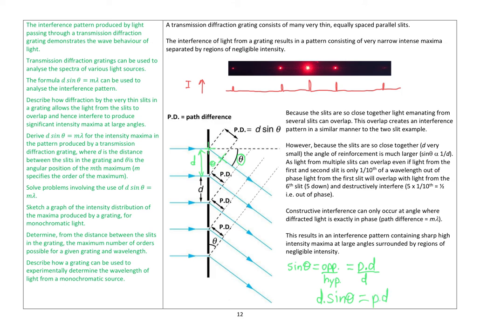So I left myself a bit short of room here. If path difference equals m lambda, we would get constructive interference. So that's a bit messy. And obviously, if path difference is equal to m plus a half lambda, we would get destructive interference.